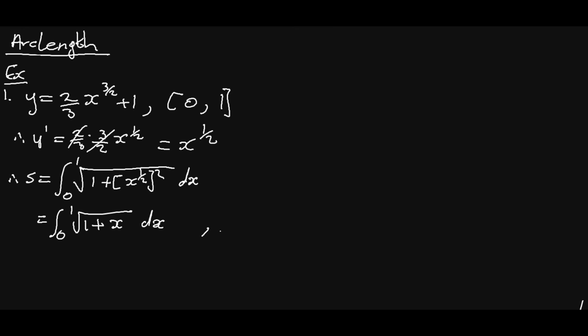So how can we solve it? Let us use u substitution. Let u is equal to 1 plus x, then du is just equal to dx. So this is equal to the integral from 0 to 1 of u raised to 1 over 2 du, and that square root sign is the same thing.